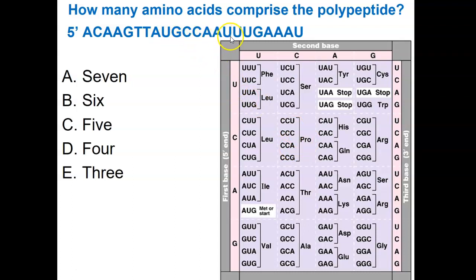Next we have AUU, and you could go ahead and decode that. Then we see UGA, and if you remember, the way I taught you to remember these was you go away, which is one of our key stop codons. Stop codons do not encode an amino acid, so this polypeptide would only be 3 amino acids in length.